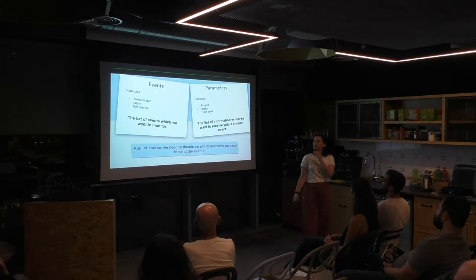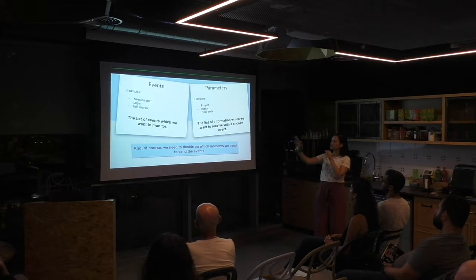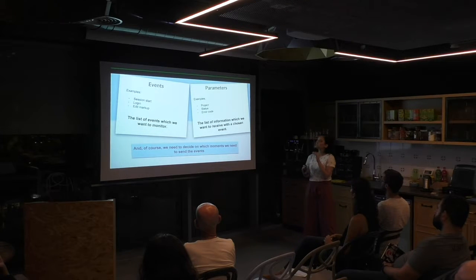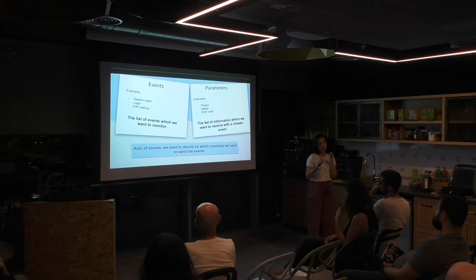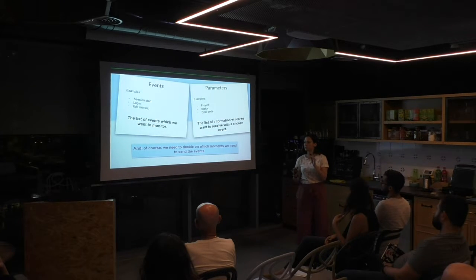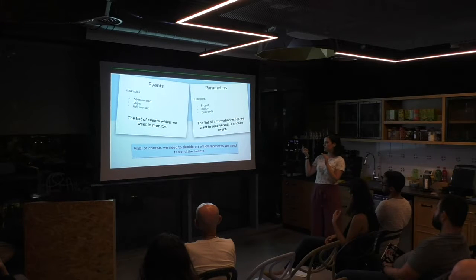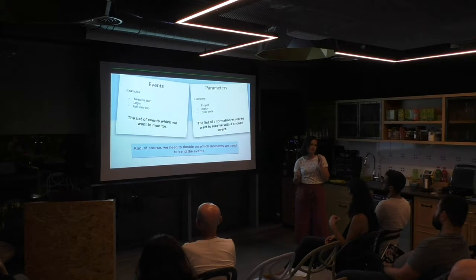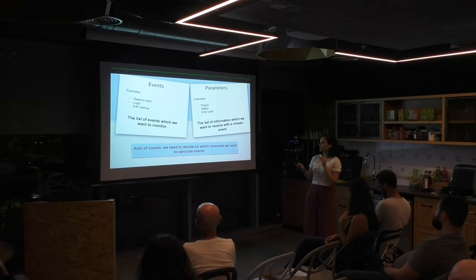We need to define data about events, for example login, edit markup, add something. These are features or events which you want to know about when a user does it. Then the parameters which you want to gather for every specific event. Every event can be very customized, and you can choose what you want to take from every event. And of course, you need to choose when you want to trigger this, in which moment you want to take this data from users.